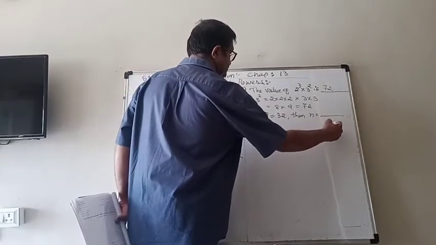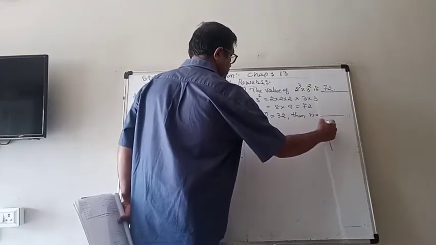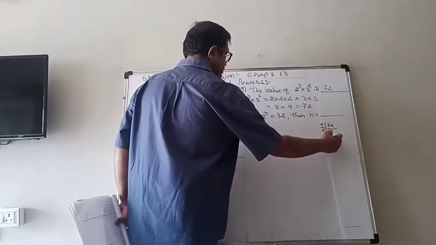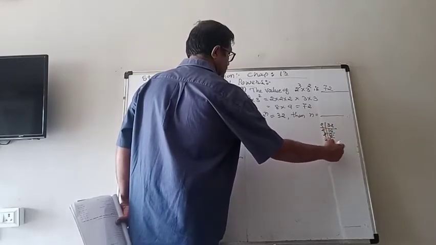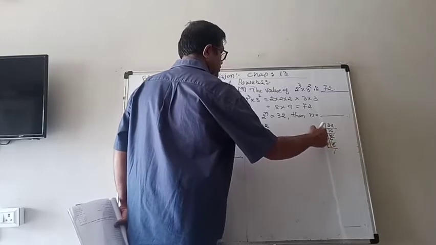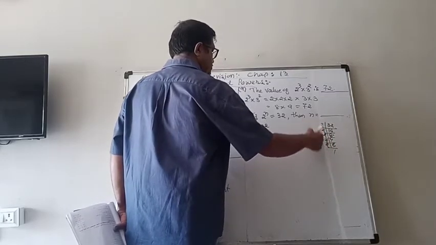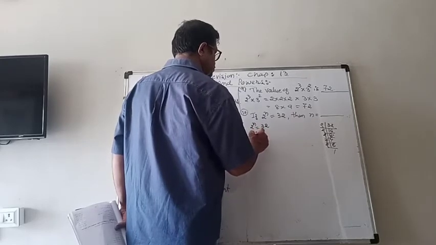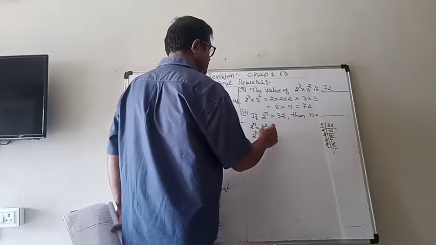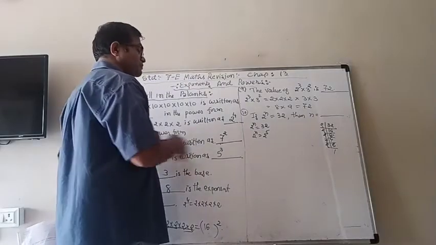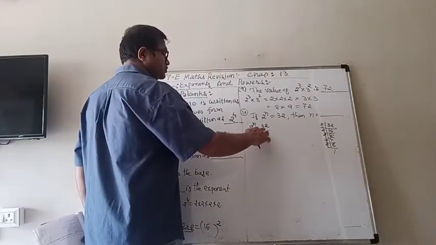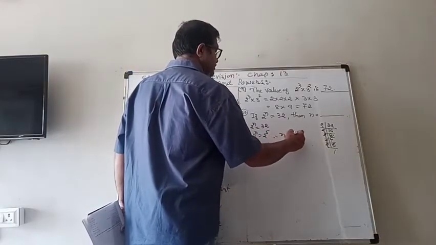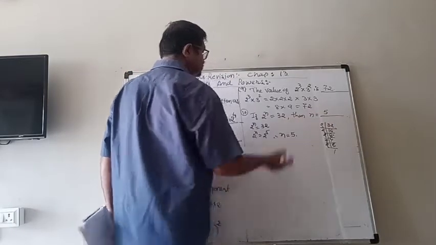What is 32? 32 is 2, how many times? 2, 5 times. So we can write down as 2 raised to n is equal to 2 raised to 5. Here bases are equal. So the exponents are also equal. So we can say that value of n is 5.